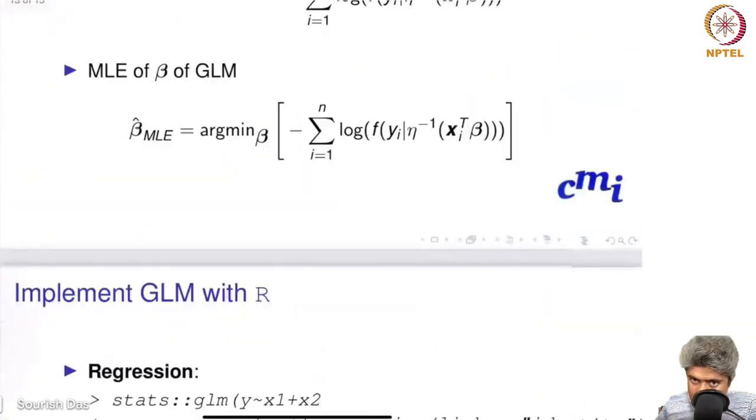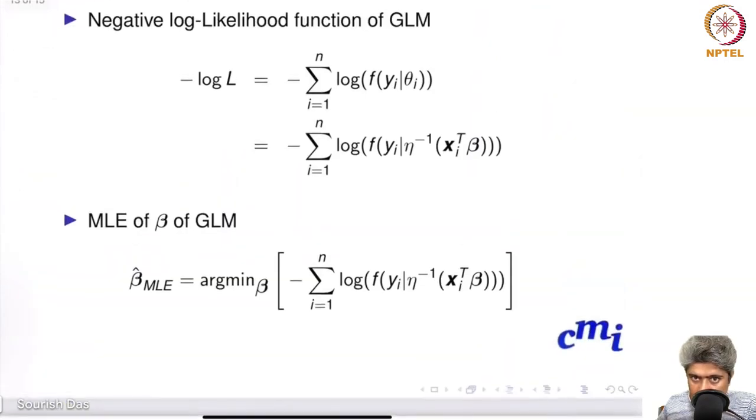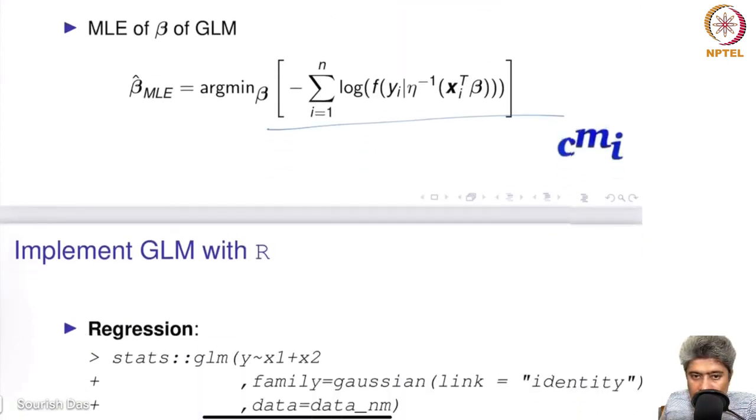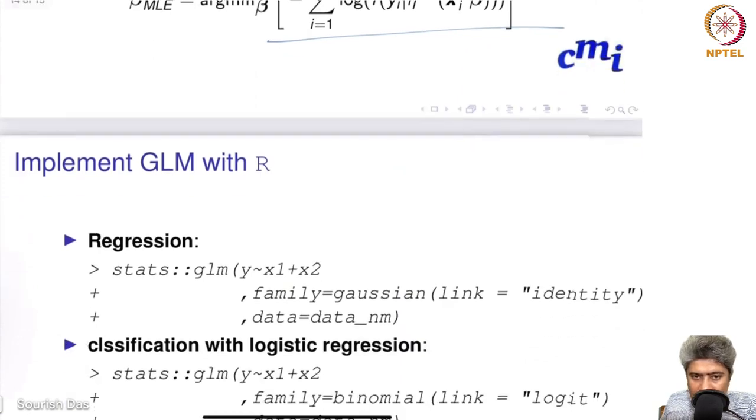Then define the negative log likelihood, where theta_i equal to eta inverse of xi transpose beta, and just optimize it and you get the beta hat MLE. That's it. So the implementation is very simple in GLM.